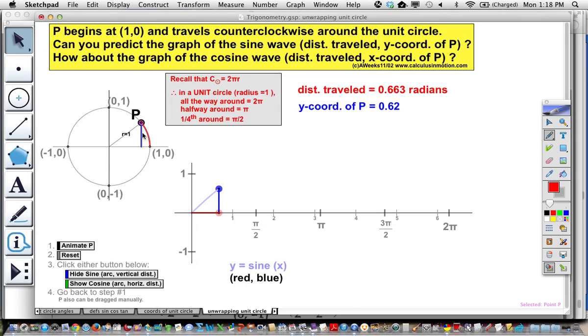So it's that blue distance. This blue distance is the sine because it's the y. So over here, I'm going to graph that blue distance. So as we move this point around the unit circle, the y is getting bigger. And so the sine graph goes up. Makes sense. Not only that, but look at, as it gets up here, look at the blue line right up here.